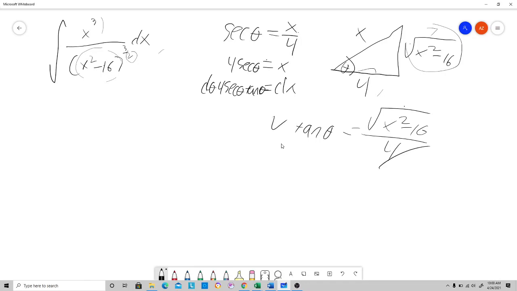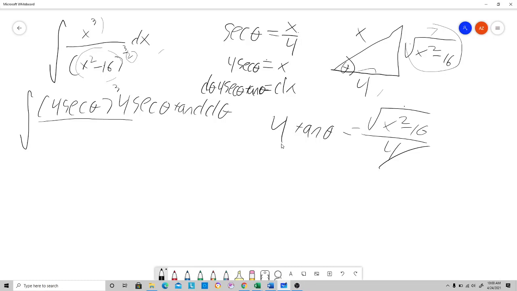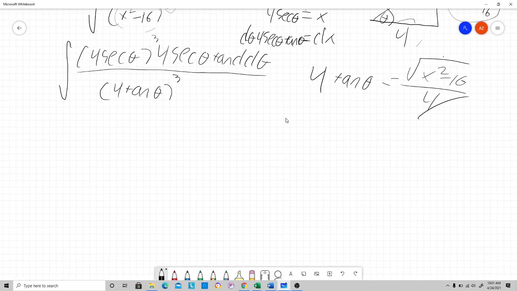So the square root equals 4 tangent theta. Now if we rewrite this with all the trig functions, we have the integral of 4 secant theta tangent theta d theta all over 4 tangent theta, and this is being cubed, so that's 4 secant theta to the third. Now let's simplify to make it a little neater.